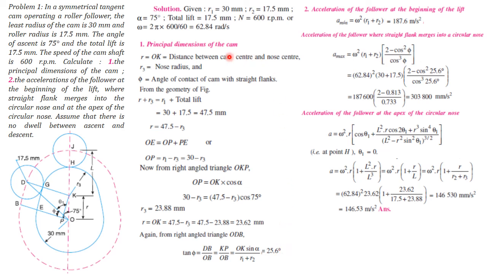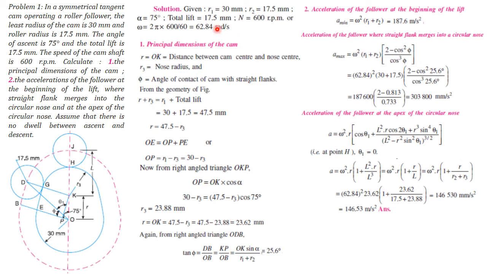So in this way we can find the basic dimensions of cam when we know the actual lift and base circle radius of the cam. Also the angle turned should be known. So by knowing these three things, we can find the actual dimensions of cam.